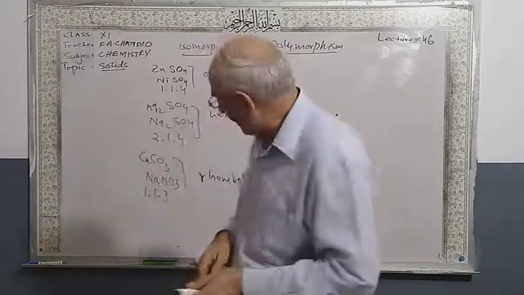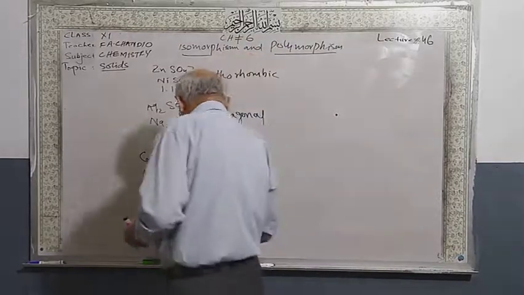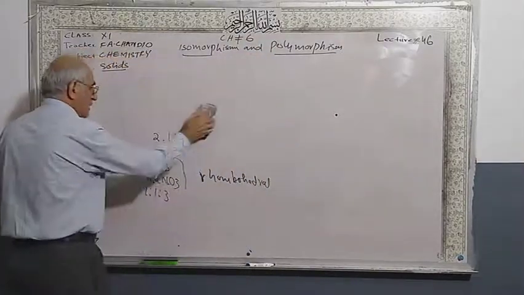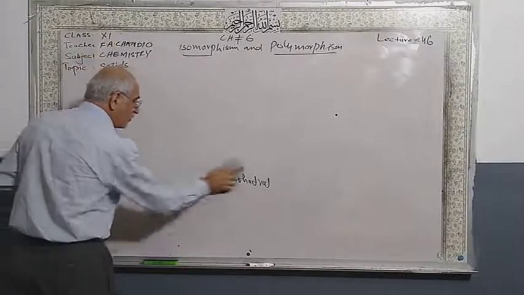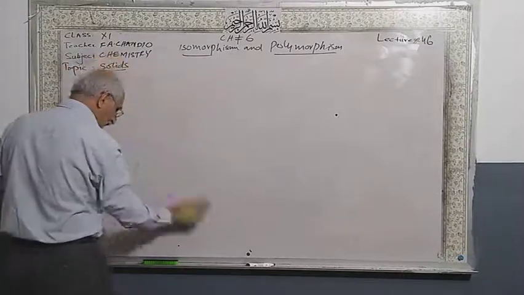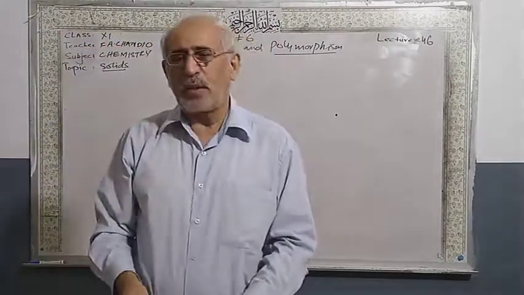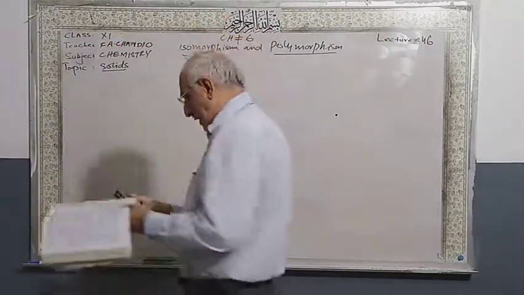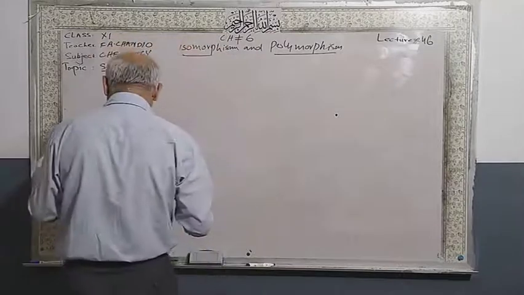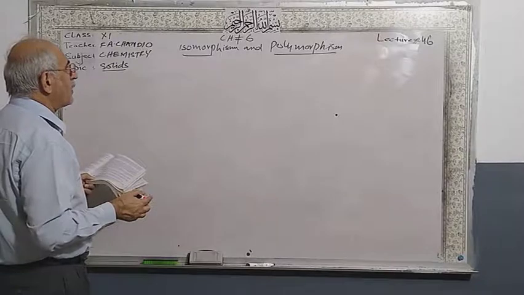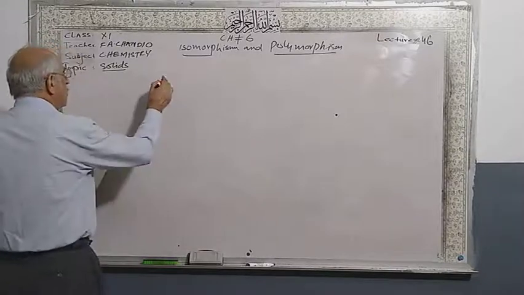Polymorphism. Poly means many, morphous means parts. A single crystalline compound which has more than one crystalline structure is called polymorphous, and the phenomenon is called polymorphism.